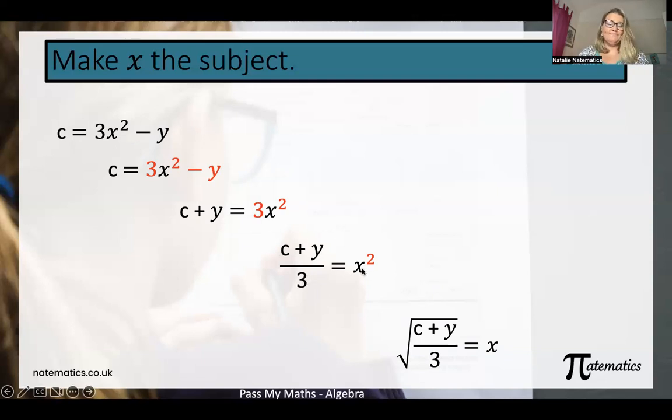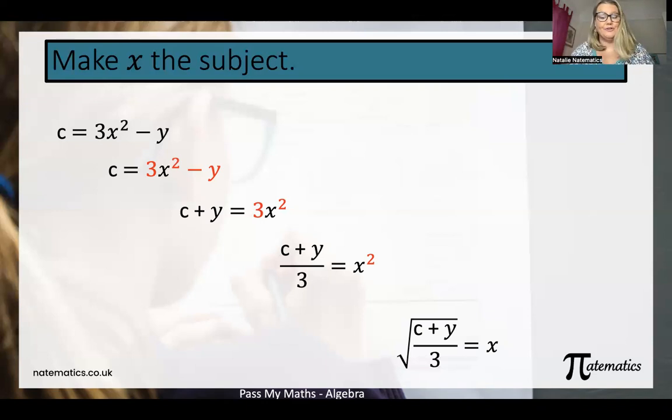Left with x squared. Now, obviously, you can see here, I'm not going to go back and change it and record it again because I'm going to go out in a minute. But you've got what you had there before, c plus y over 3. Doesn't matter how many letters and numbers you've got there, but whatever is there, you take the square root of, because that's the opposite of squaring.